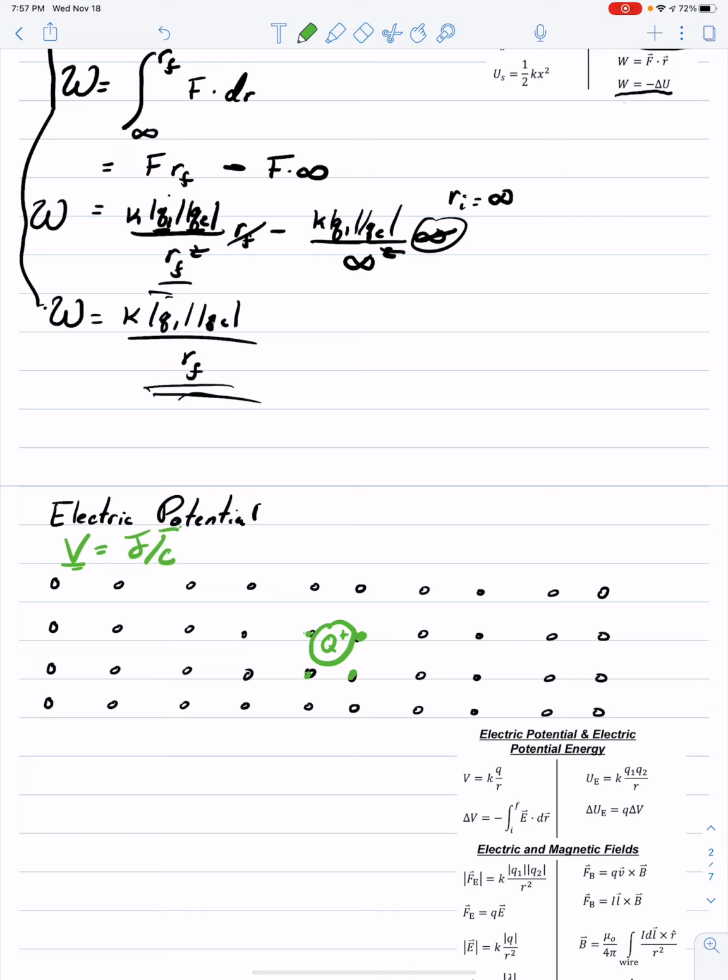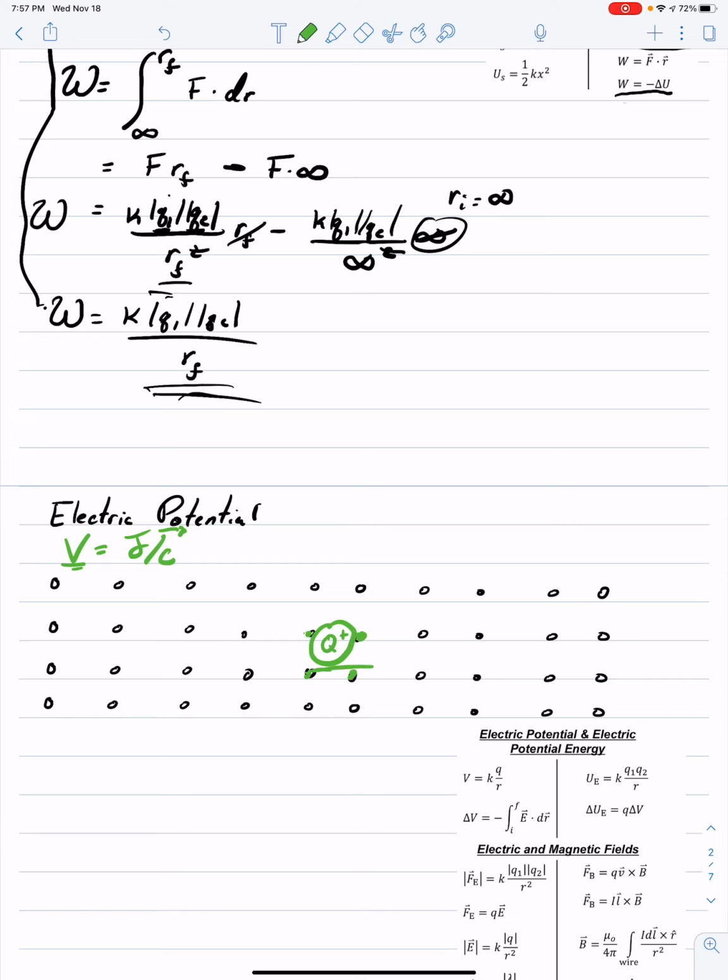So it has energy, it has the potential to have energy, but you have to have another charge to actually have energy. The way it works is that you cannot have either an electrostatic force or energy if you don't have another charge reacting to the charge that you place right smack in the middle.